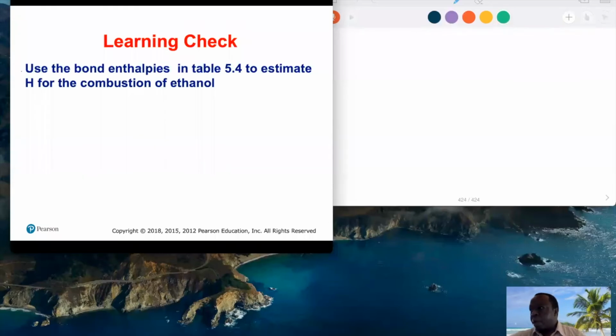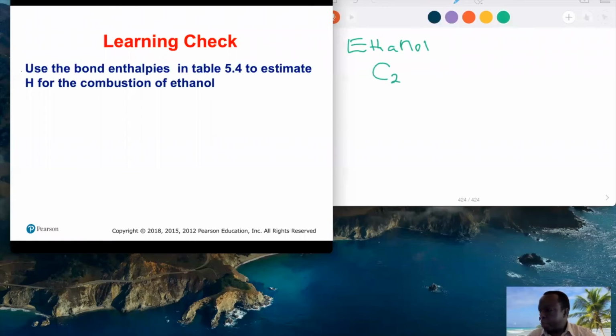Since we haven't looked at the structural formula, this will come in chapter 8, I'll try to give you the structural formula so that it will be easier for you to figure out how to calculate the enthalpy for the product. What do I mean by that? If I look at this equation, the combustion of ethanol, how do I know even the chemical formula?